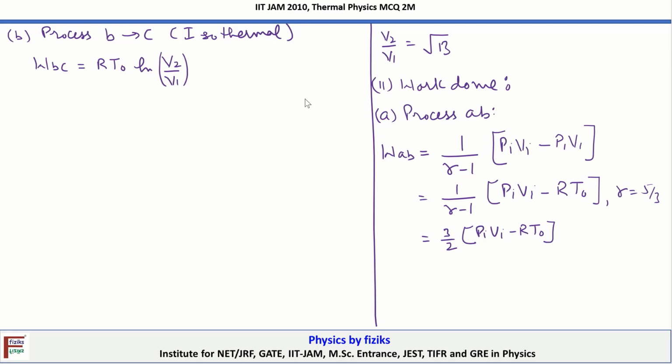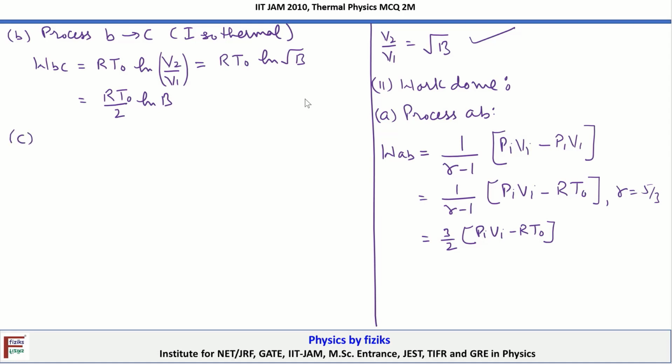But V2 by V1 we have already calculated, so if we substitute the value of V2 by V1, this comes out to be equal to RT naught ln under root of V. This is nothing but RT naught by 2 ln V. So this is the second expression for the work done during process BC.